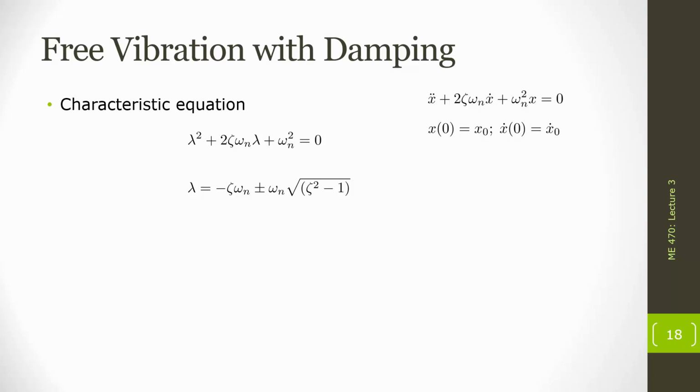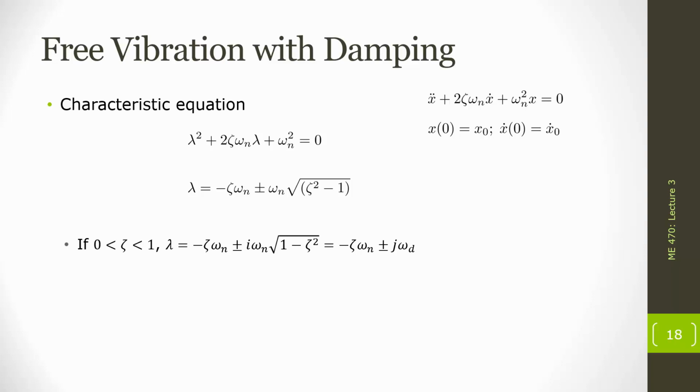Depending on the values of lambda, which are going to depend on the value of zeta really, we can make some inferences about the type of behavior that our solution x of t will have. In the event where our zeta value, that damping ratio, is between 0 and 1, our lambda value is going to have a real part and an imaginary part: a real part of negative zeta omega n plus or minus j times the damped frequency omega d.